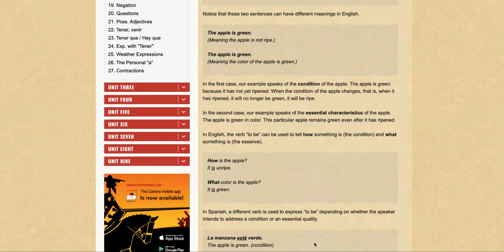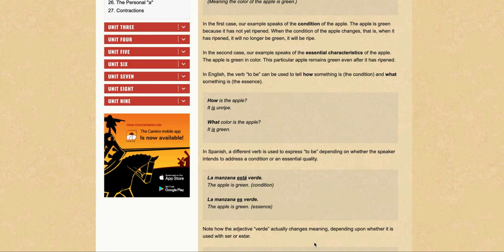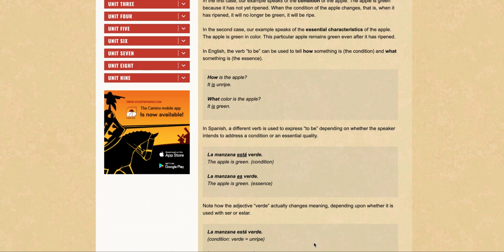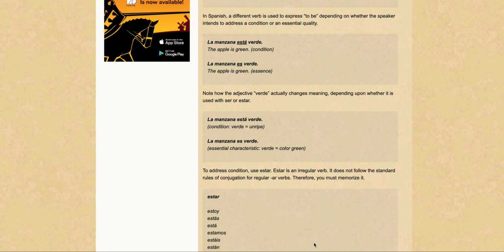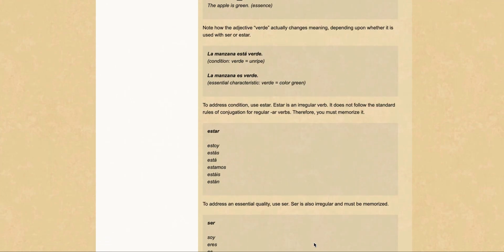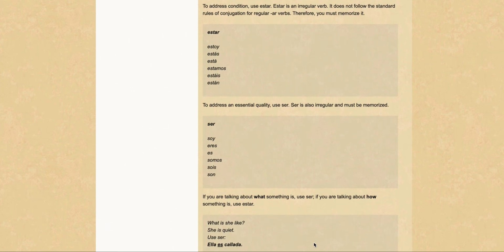Estar and ser both are irregular verbs, and it means that they don't follow the standard verb forms that we have studied previously, and therefore we need to remember or memorize the different forms.